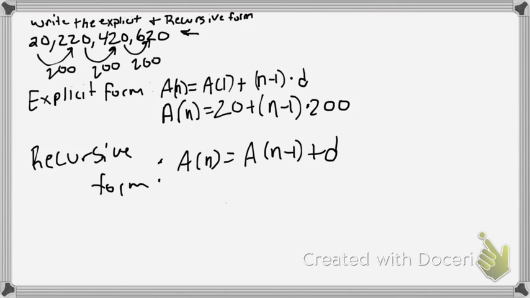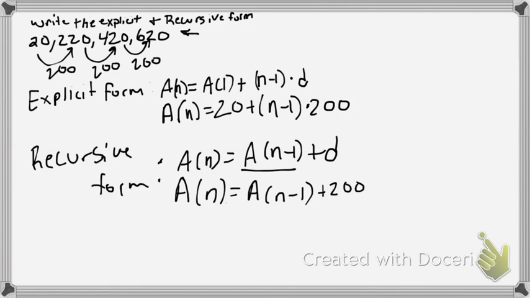And all this is saying is that for any term, its value is going to be the value of the term before it, which is what this is, the value of the term before it, plus your common difference. So for us, a sub n is going to equal, well, the term before it could change depending on what term you're trying to find. So it will stay the value of the term before it plus our common difference, which is 200.